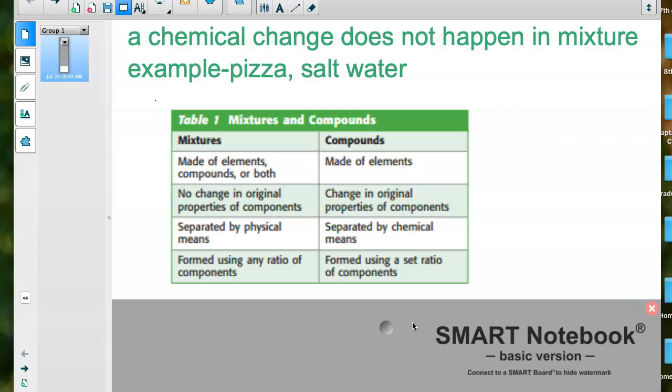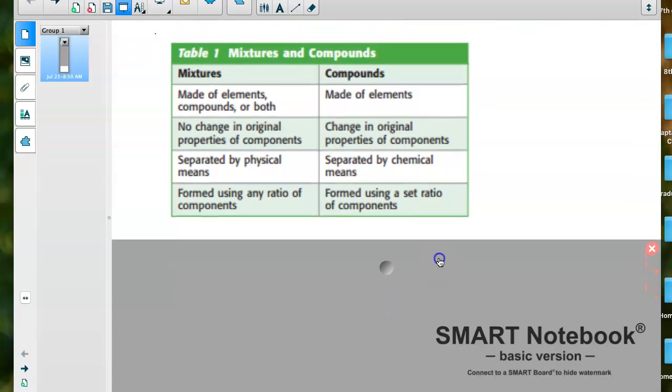After they're chemically combined, now they might look completely different. We can separate mixtures by physical means. We have to separate compounds by chemical means. And remember that the ratio can be any ratio with mixtures, but it's set with compounds. So this is a great chart to take a look at.